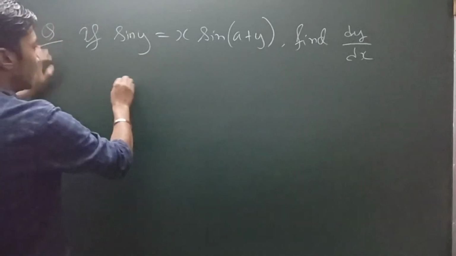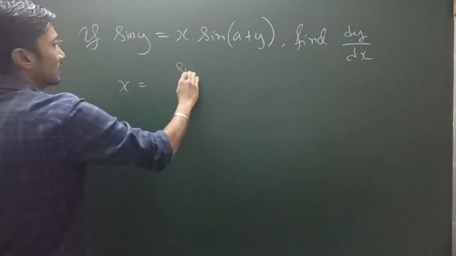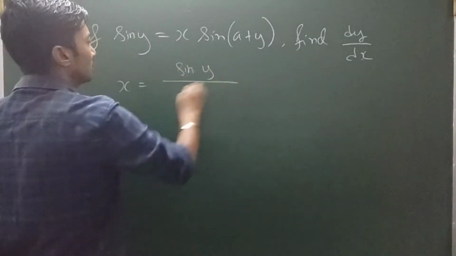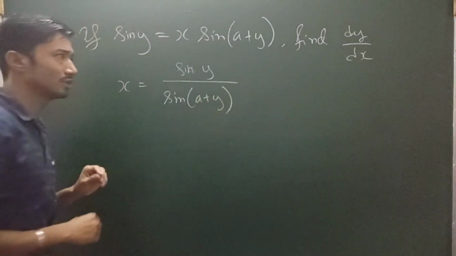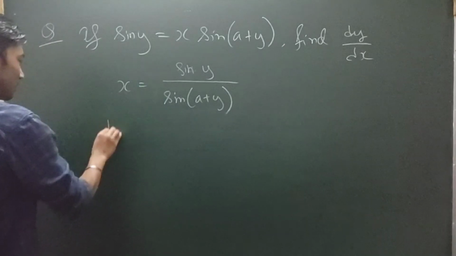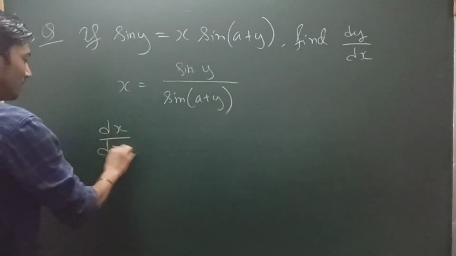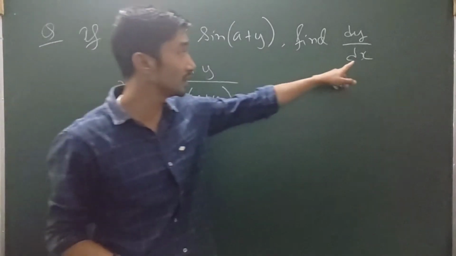So I'll just find x is equal to, by cross multiplying, sine y is equal to sine of a plus y. I'm using the quotient rule so that it can be a revision for the quotient rule also. So differentiating both sides with respect to x, because I have to differentiate with respect to x.